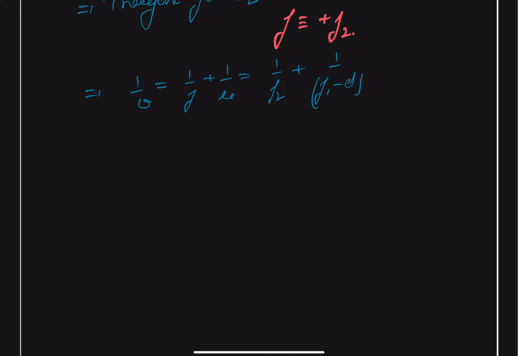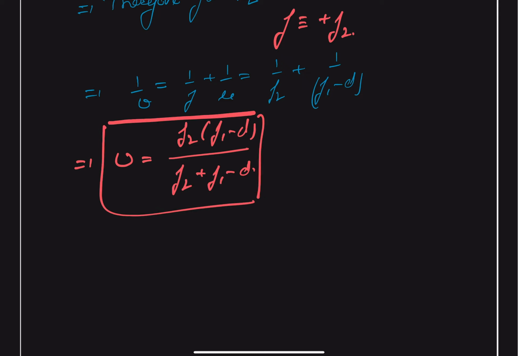So the image distance v will be f2 into f1 minus d divided by f2 plus f1 minus d. So this will be the x coordinate of our focal point. Sorry, not this one, but d plus v will be the x coordinate.